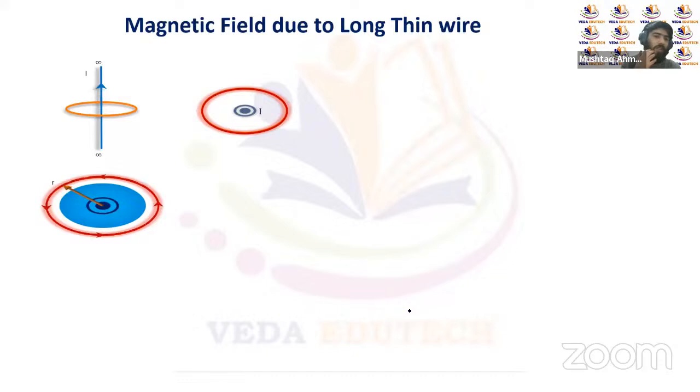Now let's try to calculate the magnetic field because of this infinite thin wire. So this is an infinite thin wire here. The current I is flowing through this infinite thin wire.